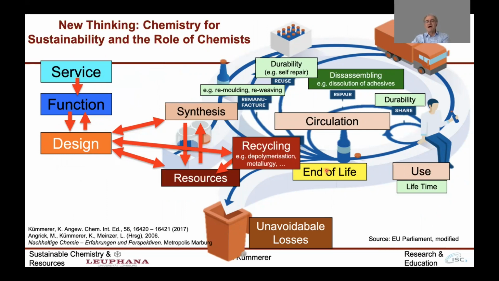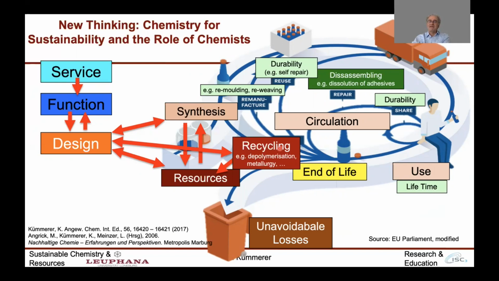Starting with end of life and use, the function, we can think about how they should look, what the properties should be, and then we can bring this down, and there we need all our chemical knowledge, how to best meet a product's properties to meet circular economy and other issues during its life cycle, and to allow also recycling.